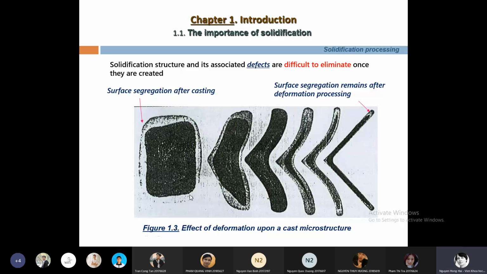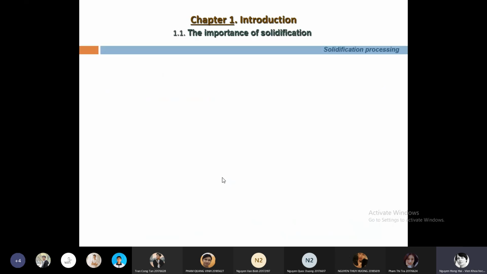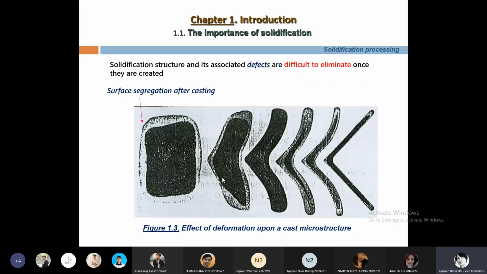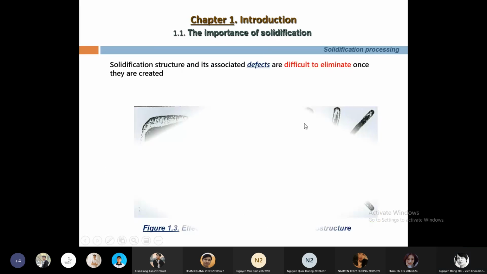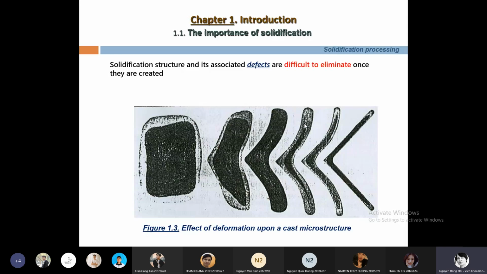Okay, so we can see the solidification is related with the properties, with the defects of the product.